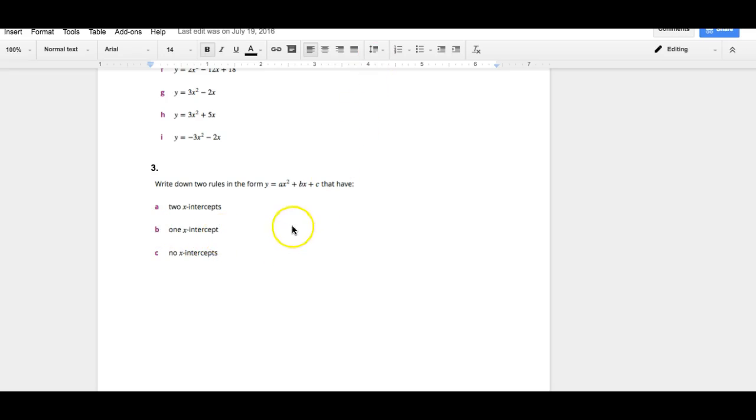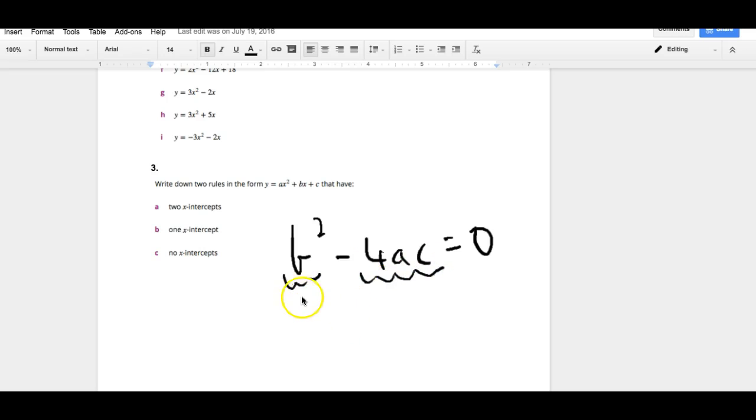So again, write your discriminant, and this time you want it to equal 0. So basically whatever you have here has to equal this part here. Okay, so if you had, say, 4 for B, 4 squared, then that means that this part here would have to equal 16 to make it equal 0.